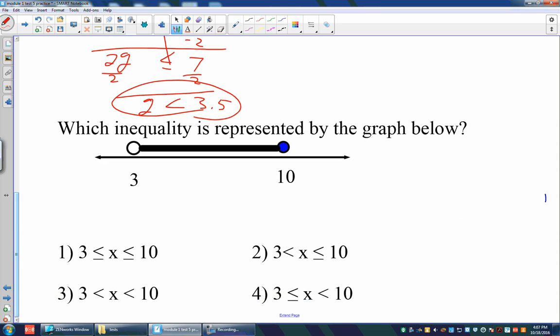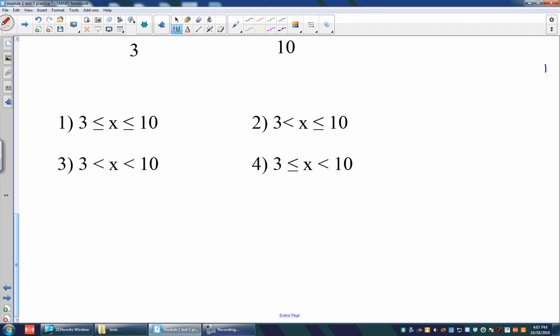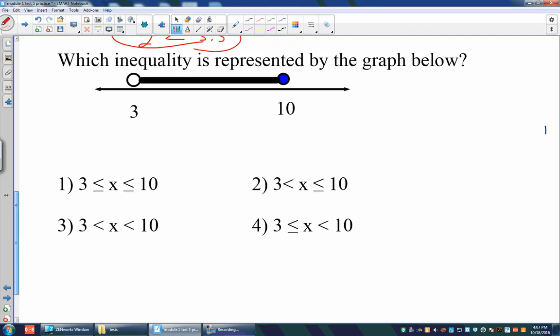Which of the following inequalities is represented by the graph below? If you notice that we are shaded between these two numbers, 3 and 10. So that means that x has to go between 3 and 10. We always use the less than symbol here, and we notice that this is not filled in, so you leave it alone.